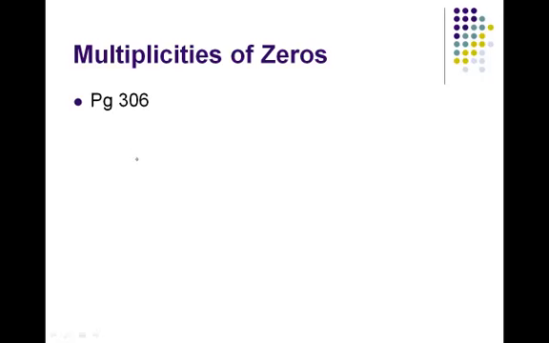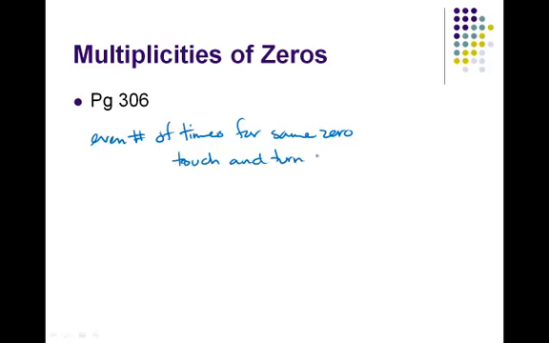If a 0 appears an even number of times, in other words, it repeats 2, 4, or 6, and it's the same 0 every time, then the graph is going to touch at this point and turn around.